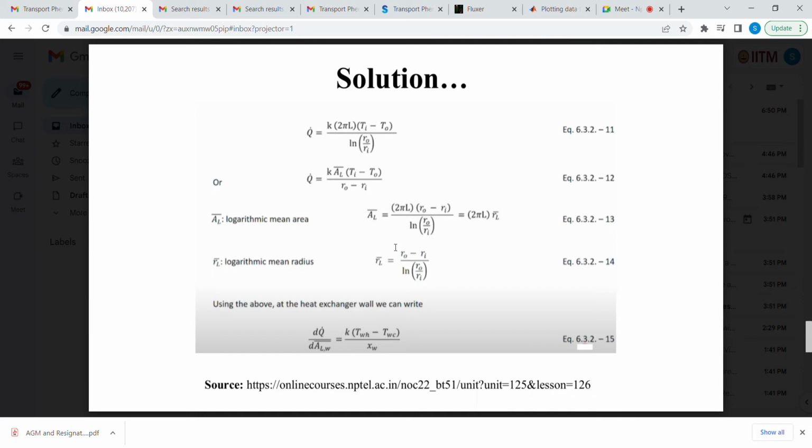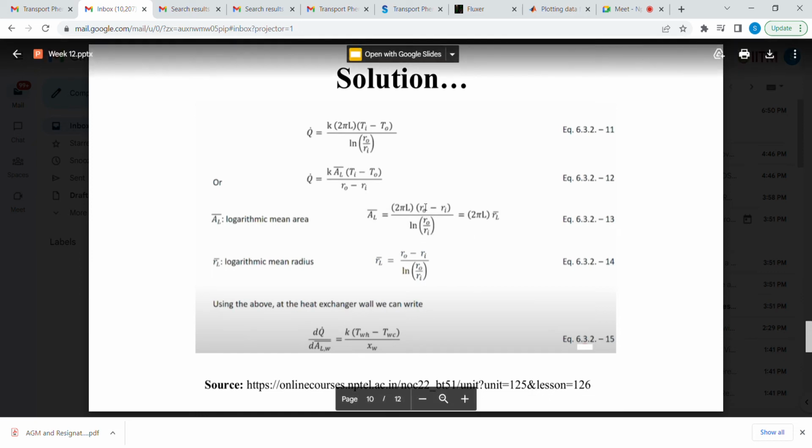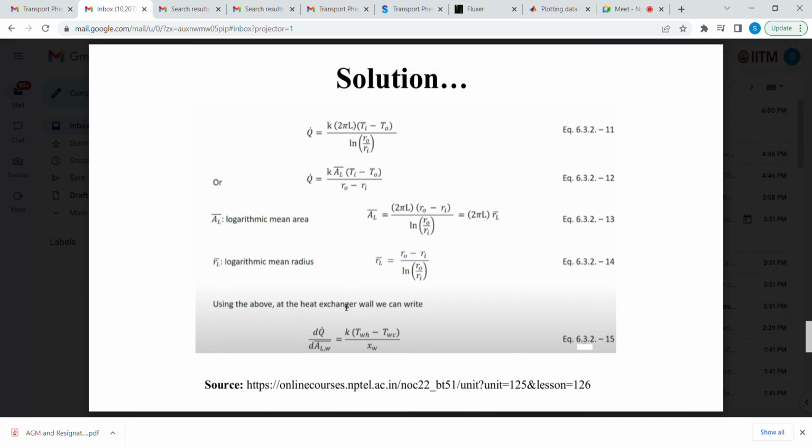That's the logarithmic mean radius. So using the above, at the heat exchanger wall, we can write the rate of conduction with respect to the area as dq dot by dA_L hat equal to k into (Twh minus Twc) divided by xw.